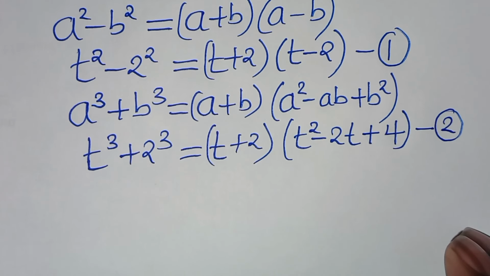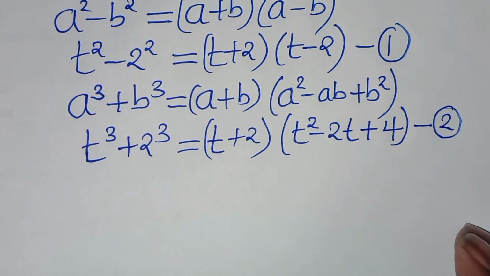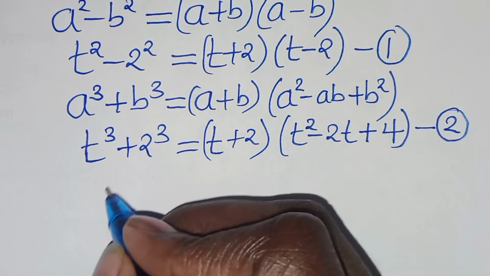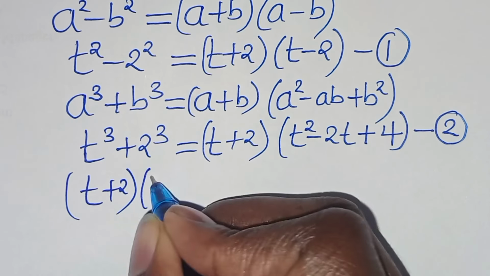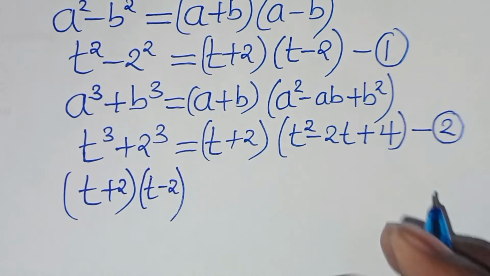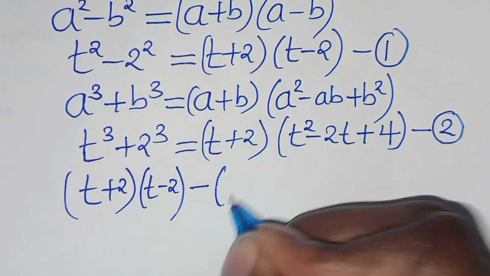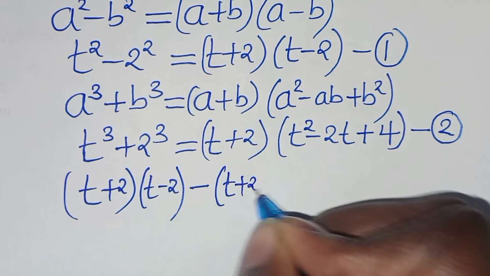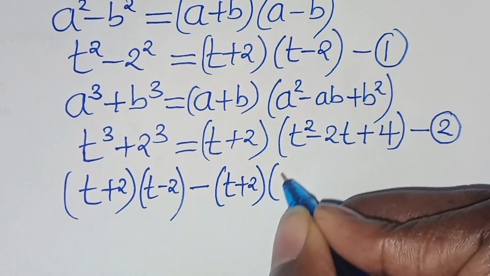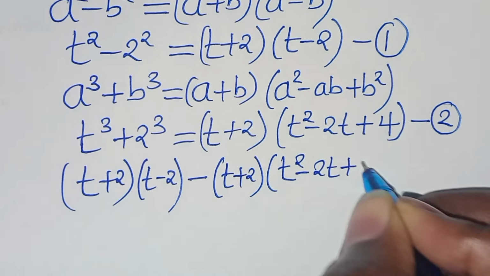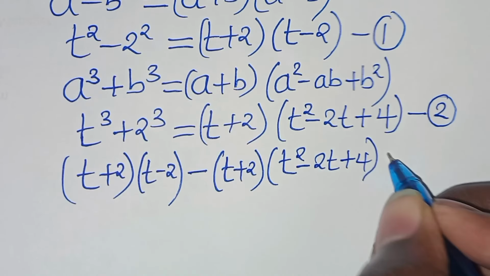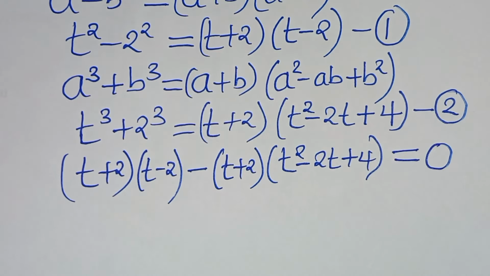So let's combine equation 1 and equation 2. So that now we have t plus 2, t minus 2, then subtract here we have t plus 2. Into the parentheses, we have t squared minus 2t plus 4, close the parentheses. This is equal to 0.